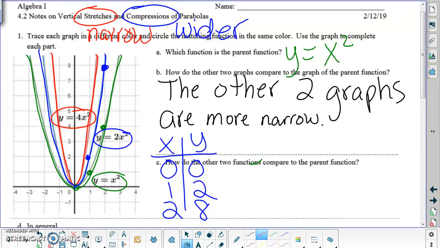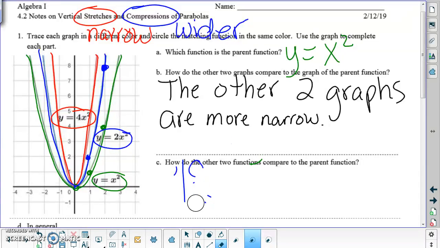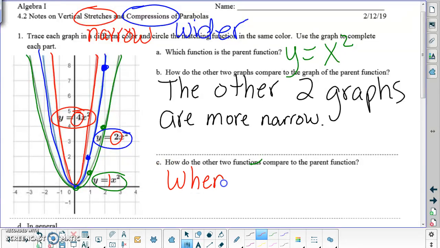So now let's summarize what we've learned. The a values are 1, 2, and 4. So when the a value gets bigger, the graph gets skinnier.